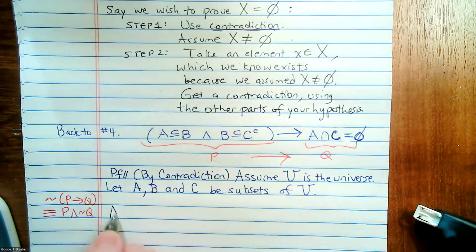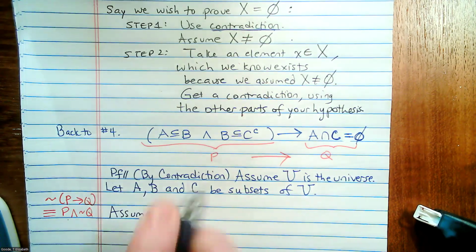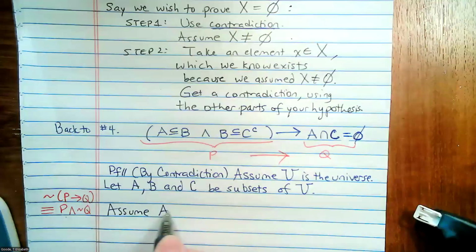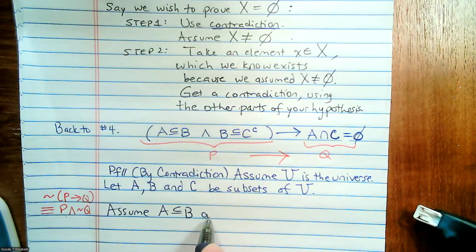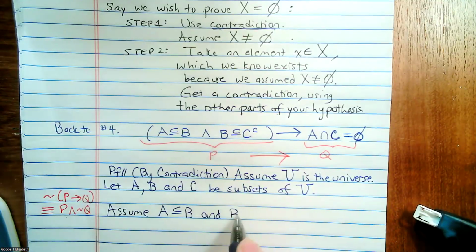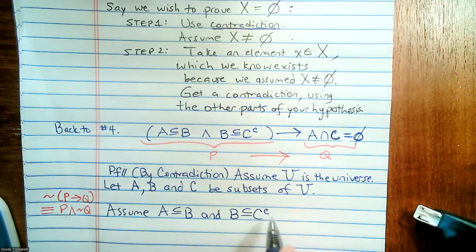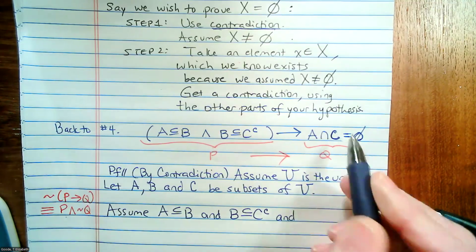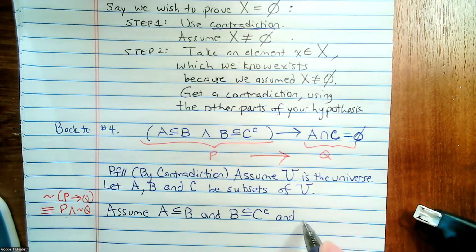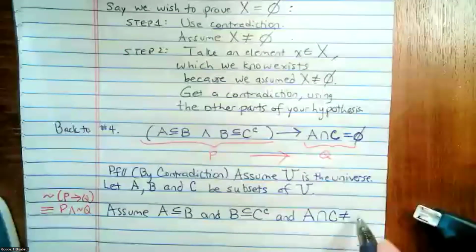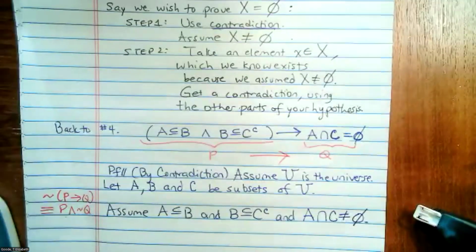So here we go. We're going to assume P. So assume A is a subset of B and B is a subset of C complement and the negation of this. So the negation is that A intersects C is not empty.